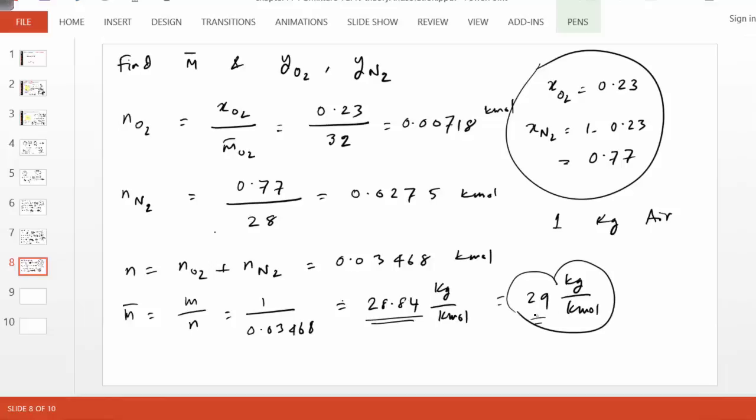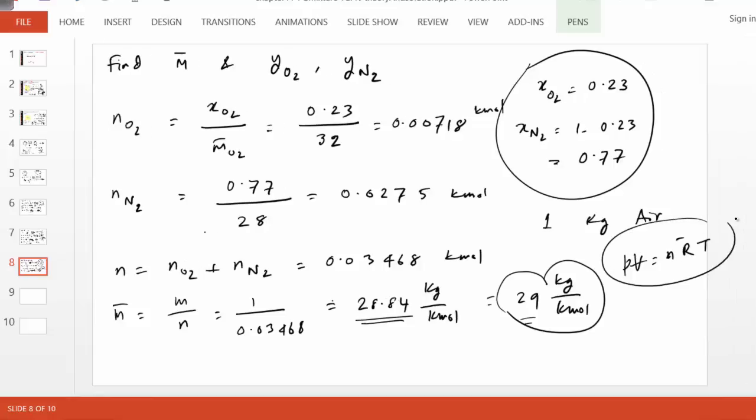If you want to find the amount of air in your room, just find the volume, and you can use PV equals mRT to figure out exactly how much mass you have. PV equals nRT. We'll come back to this formula a little later, but let's finish the problem at hand.